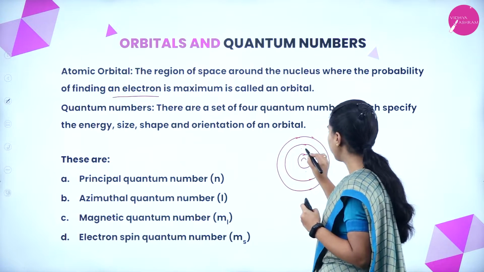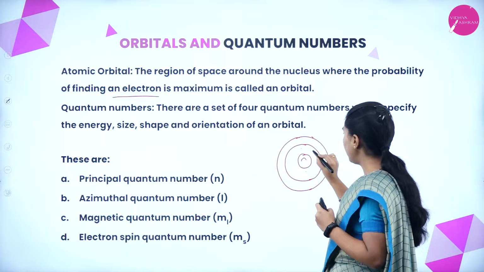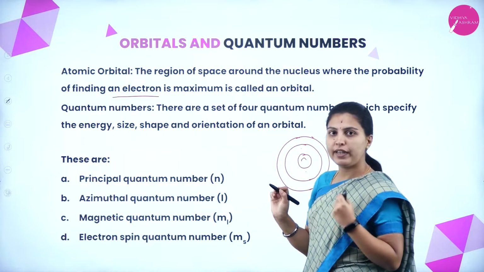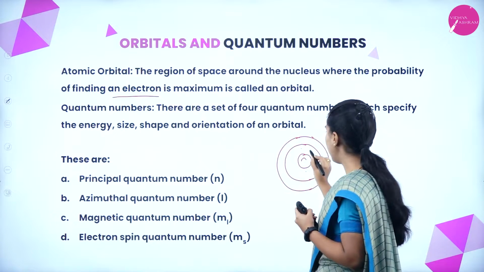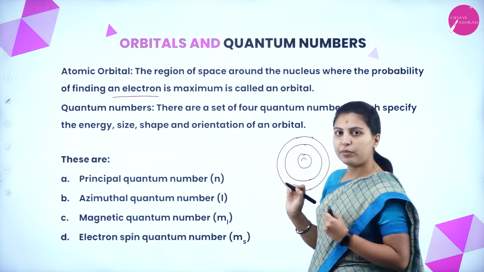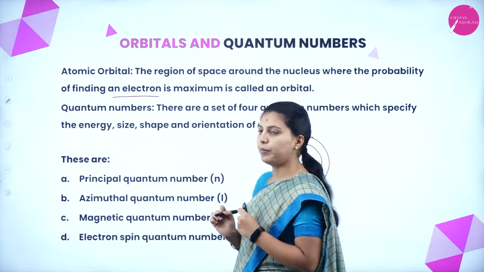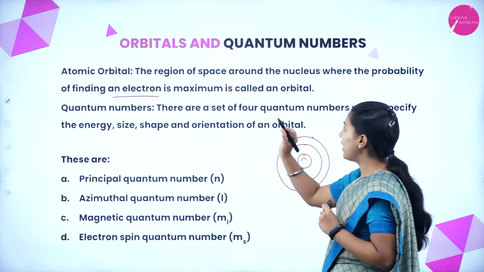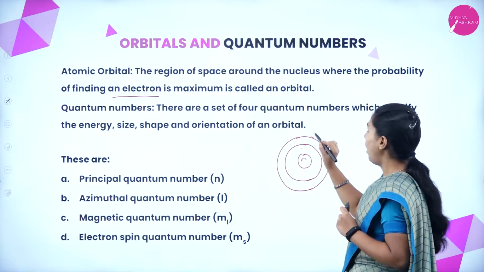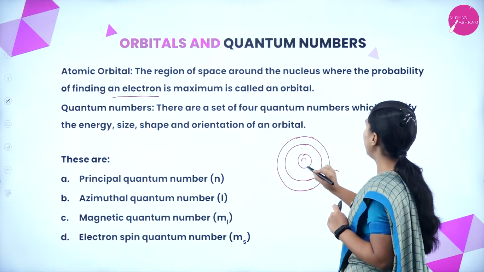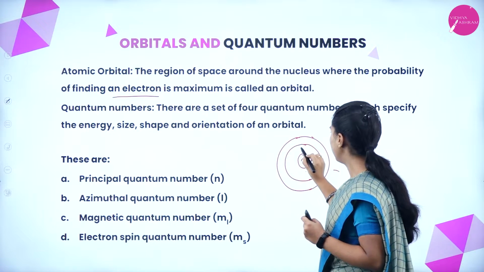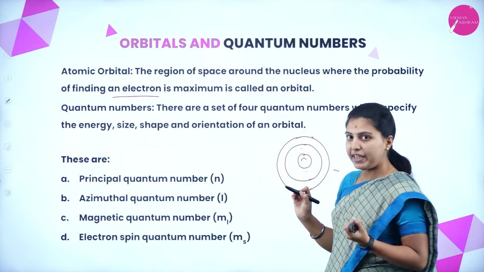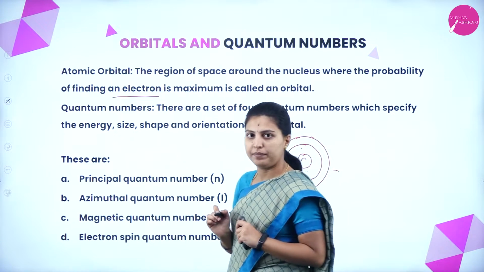This is the orbit. Finding the probability of an electron between the nucleus and the orbit, we call it an orbital. That orbital is known as an atomic orbital. Once again, the region of space around the nucleus where the probability of finding an electron is maximum is called an orbital.